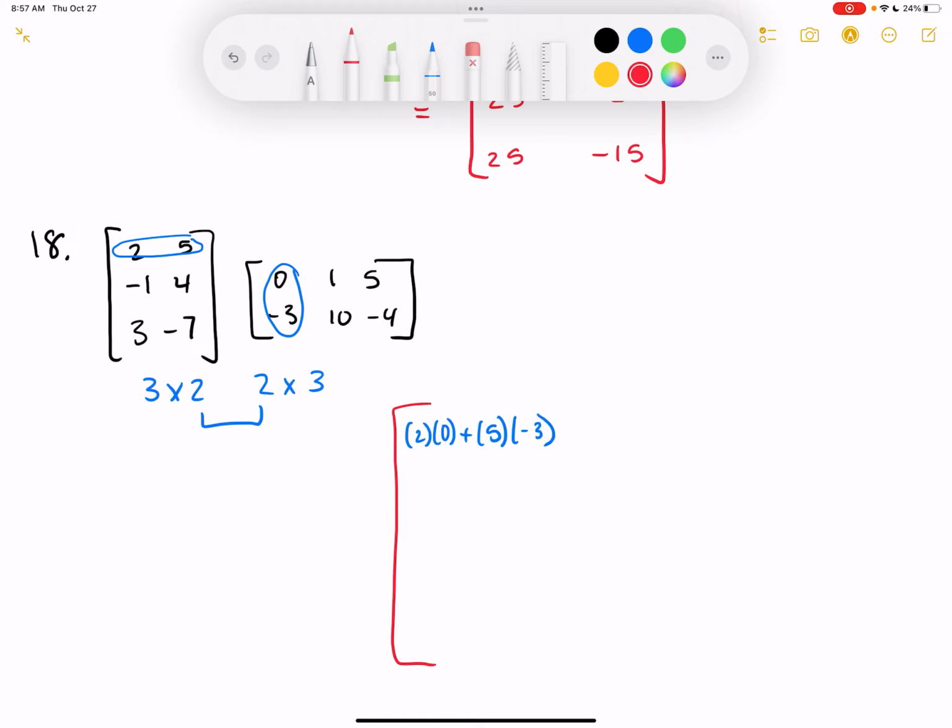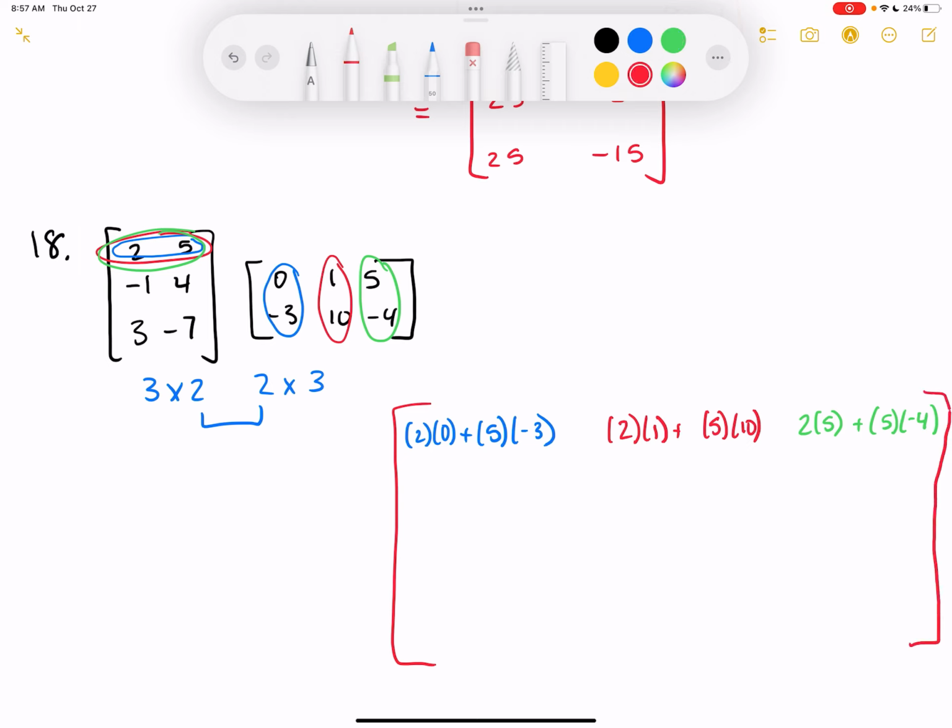Then I've got first row, second column. So I've got 2 times 1 plus 5 times 10. Then I've got first row, third column, 2 times 5 plus 5 times -4. And then I do it all over again.